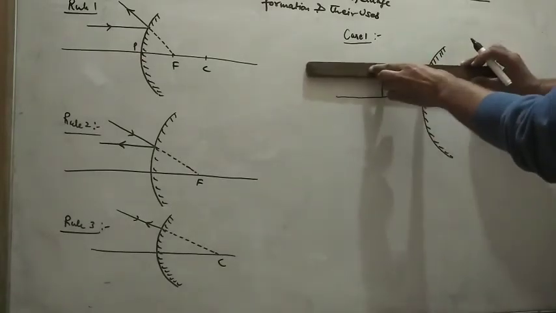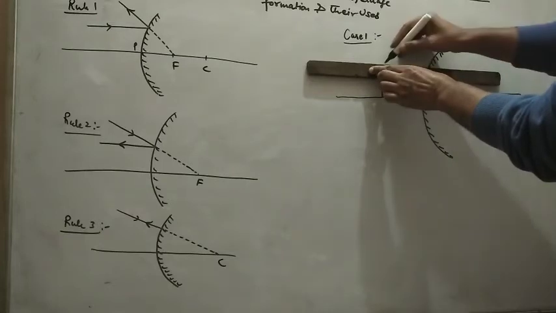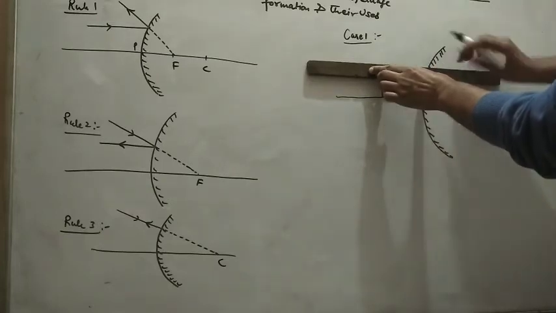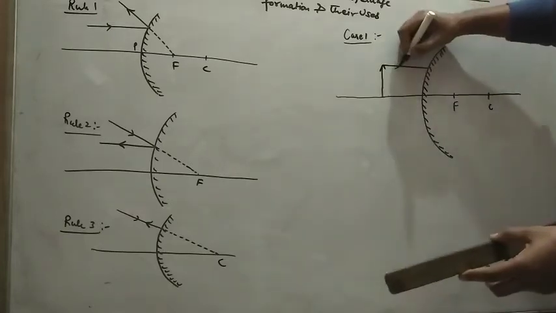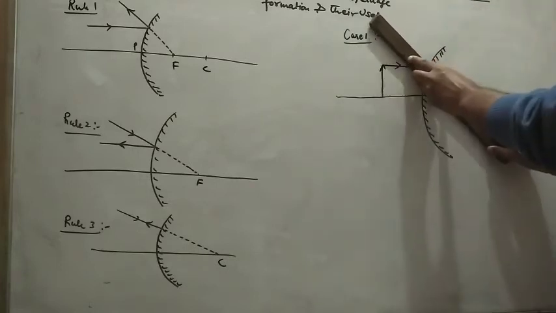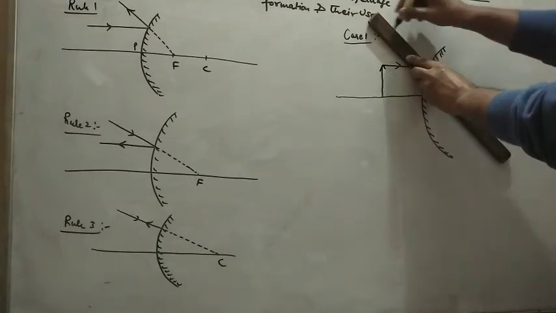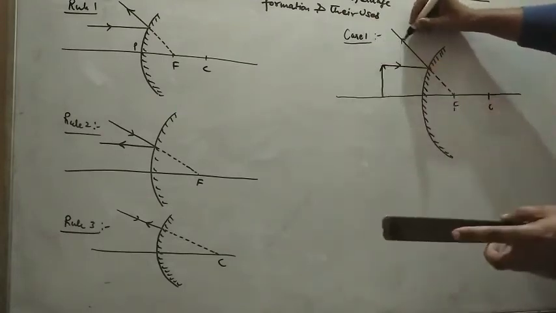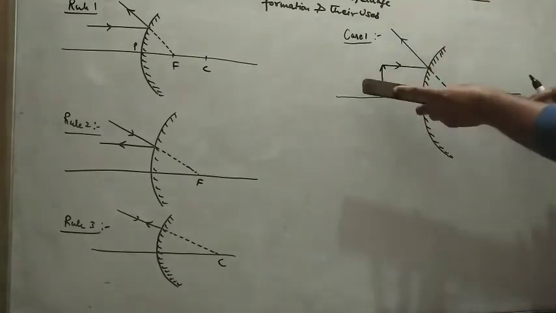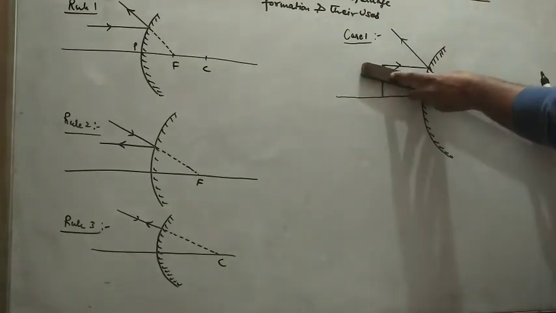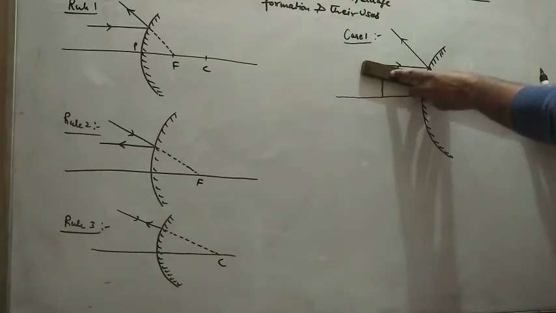So suppose first is the ray which is parallel to the principal axis. After reflection, it just appears to come from the focus, according to rule number 1. Right. Now take the help of rule number 3.